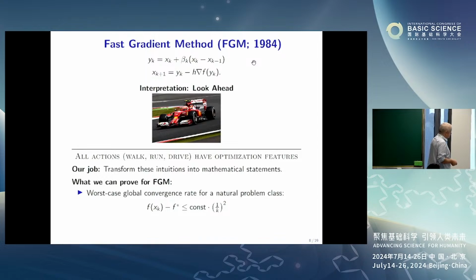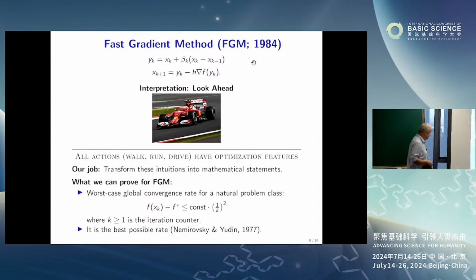Yes, okay is the number of updates. Yeah, so we can look at that from the other. What is the best convergence? And this is given by complexity theory.